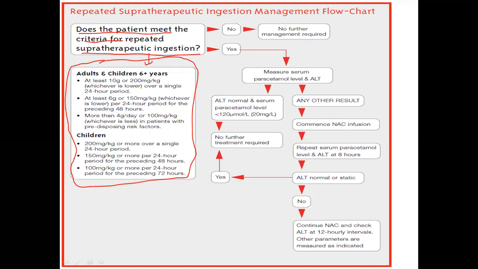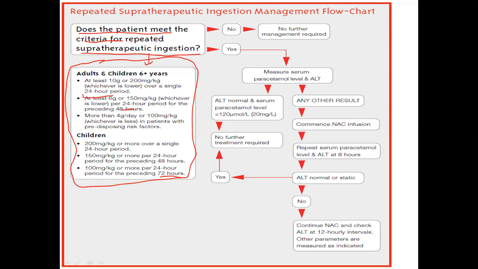Look, if someone takes around 10 gram of paracetamol and comes to the hospital after 4 hours, that will be acute. You got my point? Anything which starts after 24 hours, 48 hours, 72 hours, that is repeated supratherapeutic. You can remember it in this way.